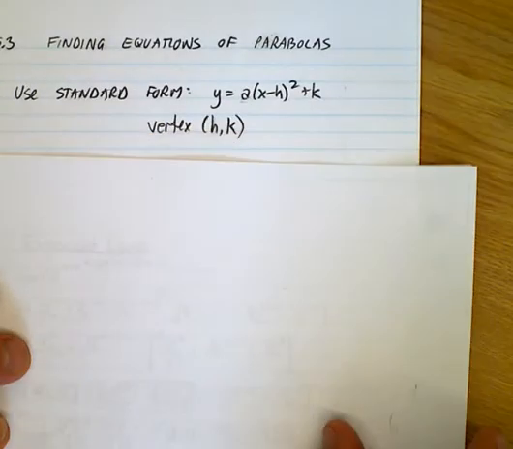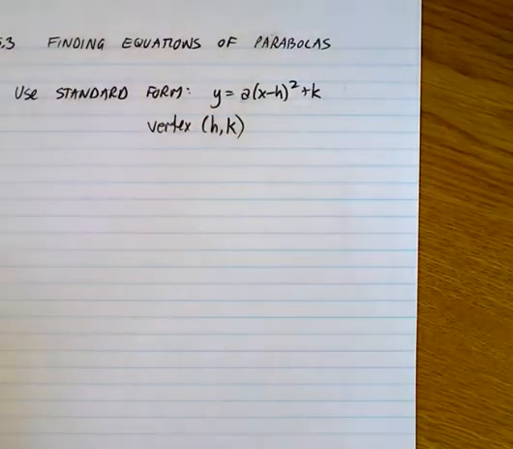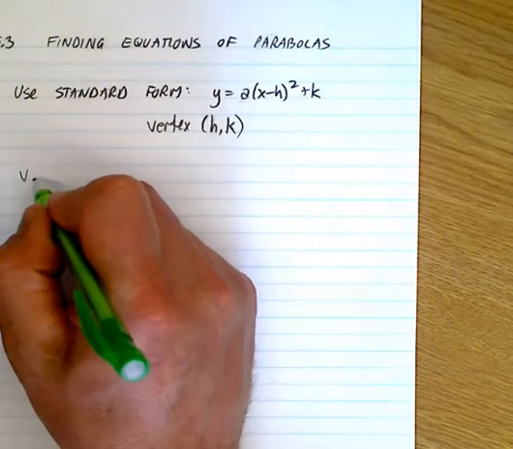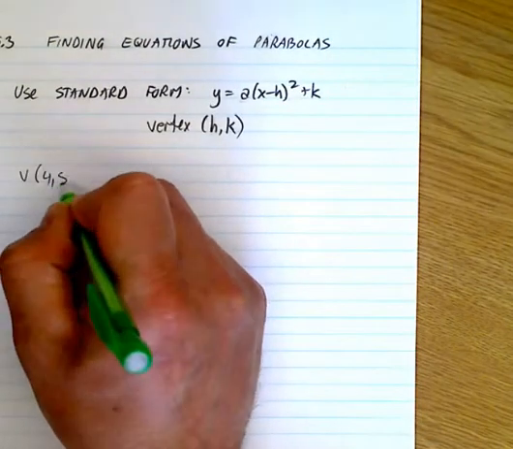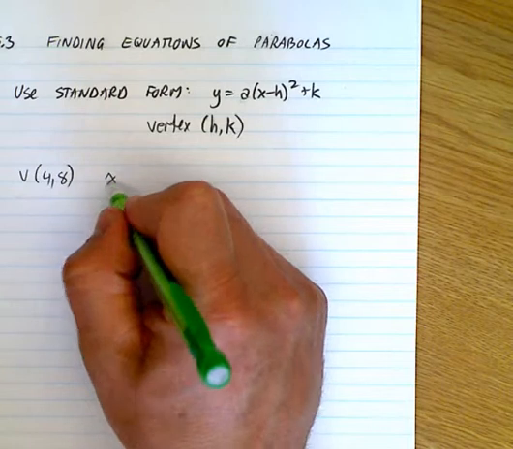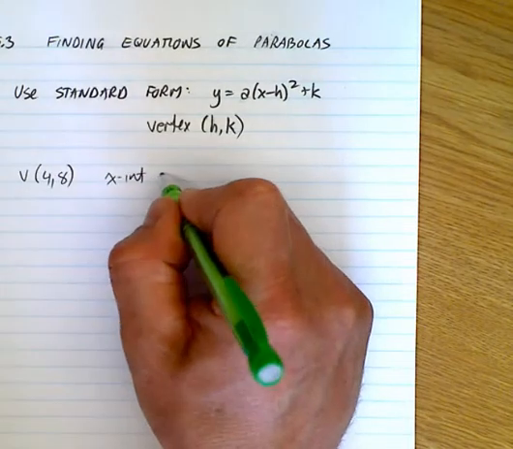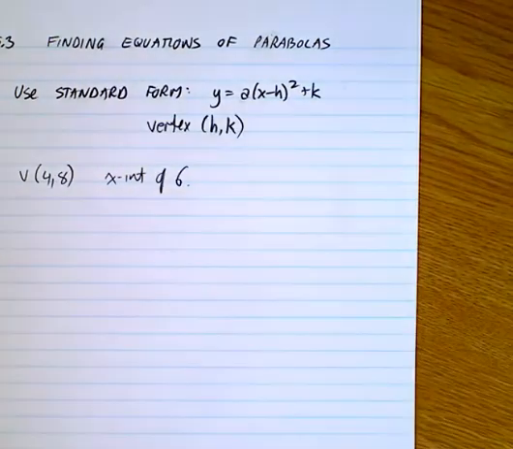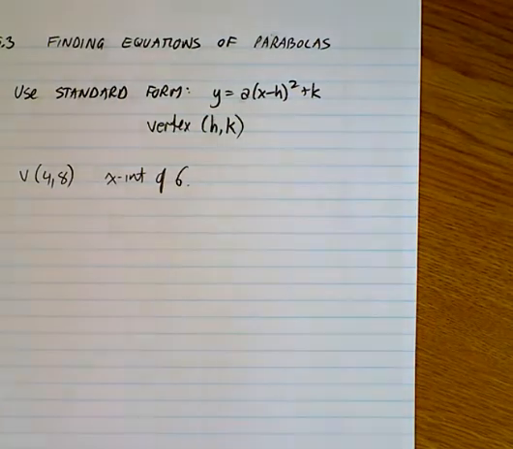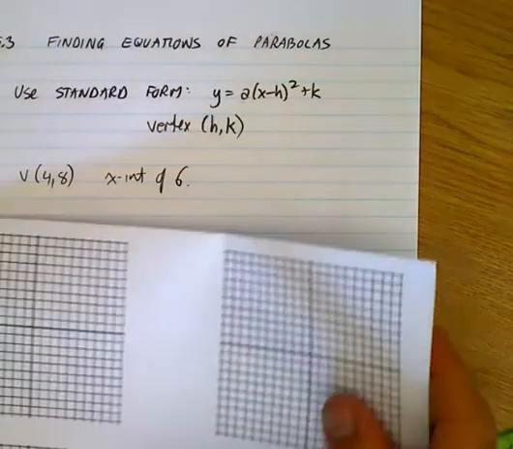We might be given, for example, a vertex of 4 and 8, and you might be given an x-intercept of 6. Now, what that means is, well, we got kind of the same information, right? The best thing to do here, guys, is just to plot it up.